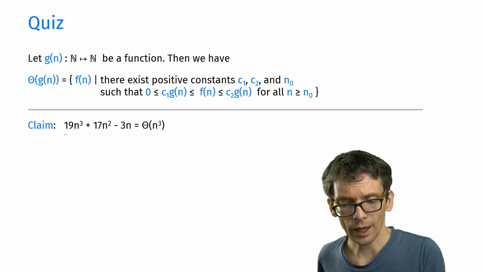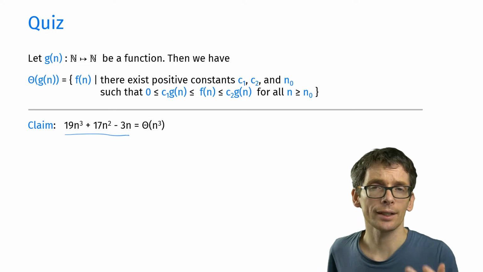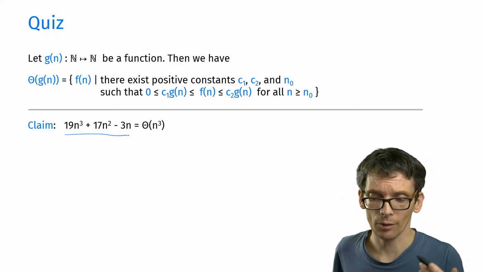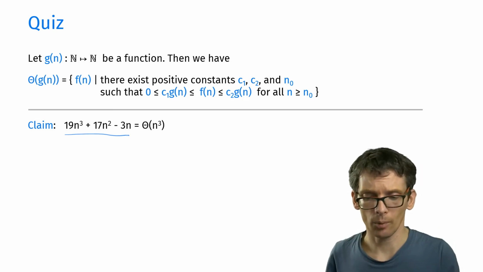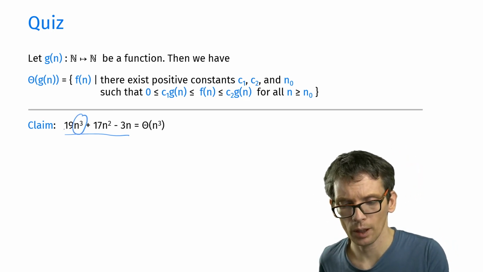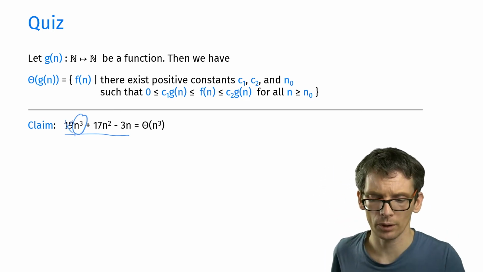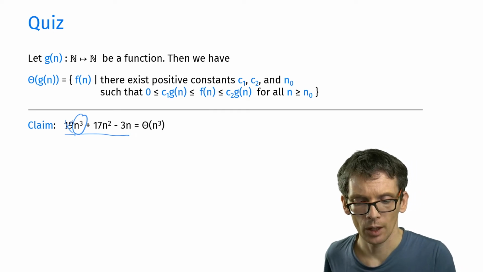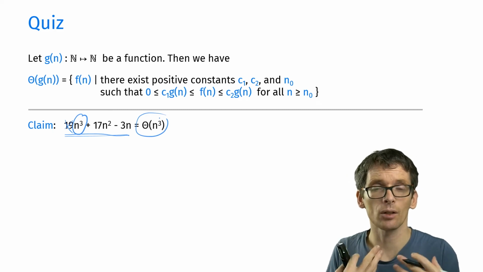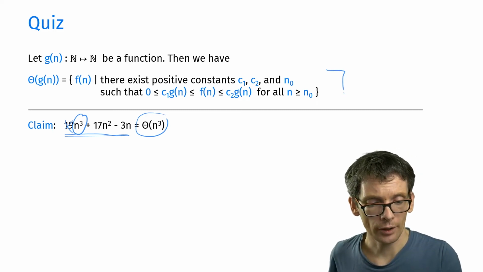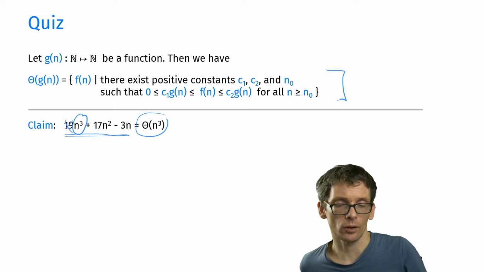So if you look at 19n cubed plus 17n squared minus 3n, what we're saying is we're interested in the dominant term, n cubed, and we're not interested in the coefficient. So the growth rate of this function should be n cubed. So it should be in theta of n cubed. Let's check whether that matches this definition.